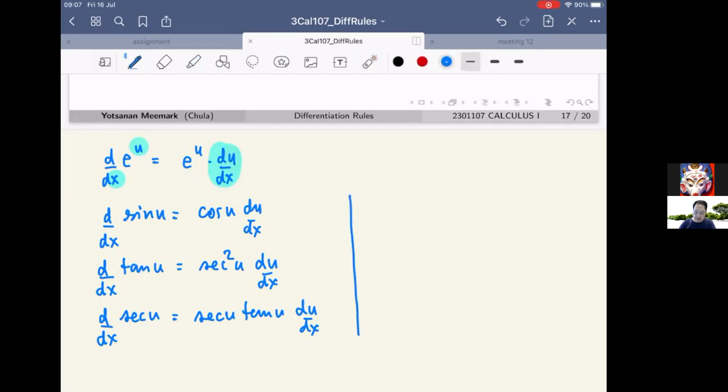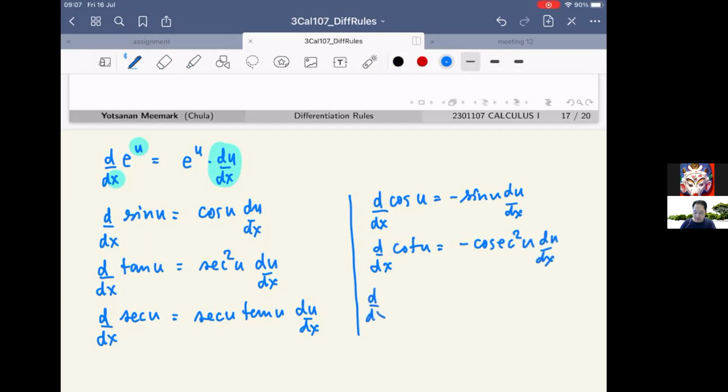And then for cosine, the derivative is negative sine u du by dx. The derivative of cotangent is negative cosecant squared u du by dx. And the derivative of cosecant is negative cosecant cotangent and then du by dx.